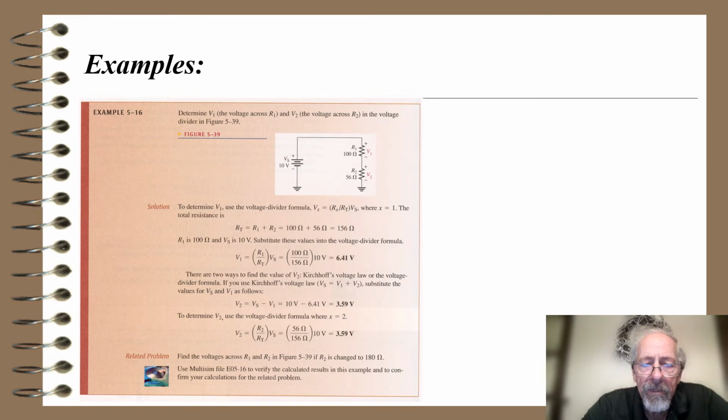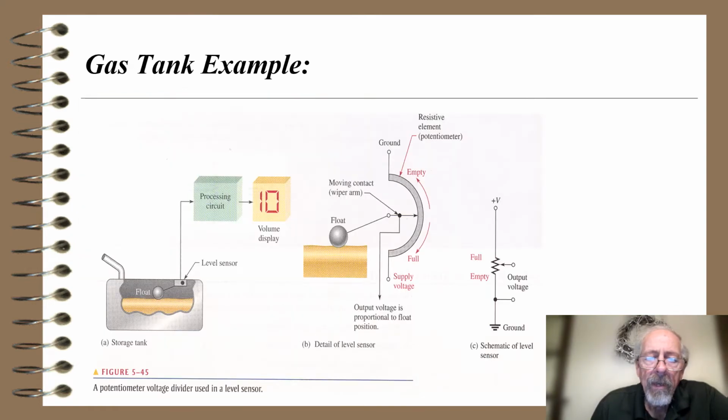The other way to do this would be to take the total resistance, which they've done, of 156 ohms, and then divide that into the 10 volts to determine the current, and then multiply the current, which is the same in both resistors, since it's a series circuit, times the individual resistor values to get the voltage drop across each resistor.